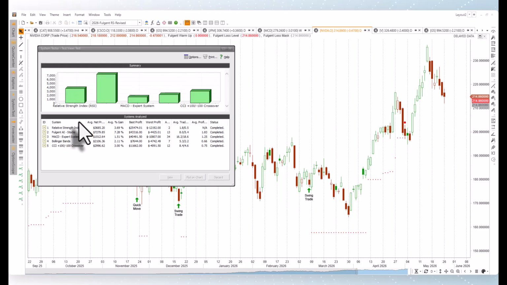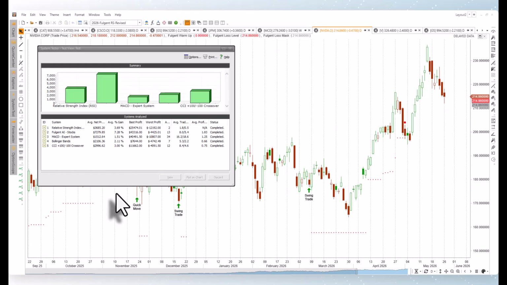So really the Fulgent AI engine will take all the other strategies and really optimize it for the best high probability trade setup. So the Fulgent AI system is simply one of the best trading systems out there. If you use it, you custom make your own artificial intelligence engine. It sits on your desktop and you're not dependent on anybody else in terms of your inputs.